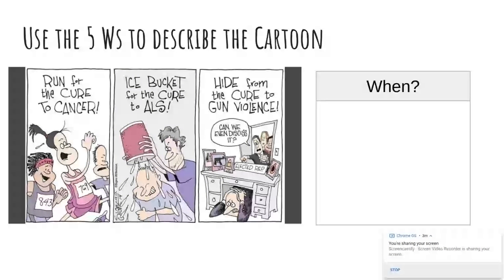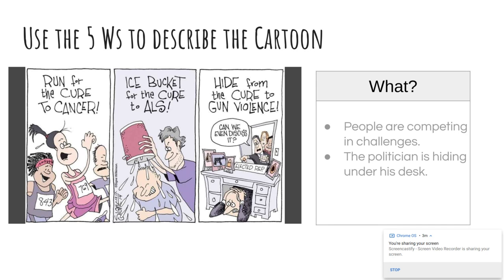When is it taking place? Well, I don't see a year listed, but most political cartoons that we're going to look at are taking place today in modern times. So if it does not say the year, we're going to just say now. What is happening? Well, first we have people in these 2 boxes. They're competing in challenges.